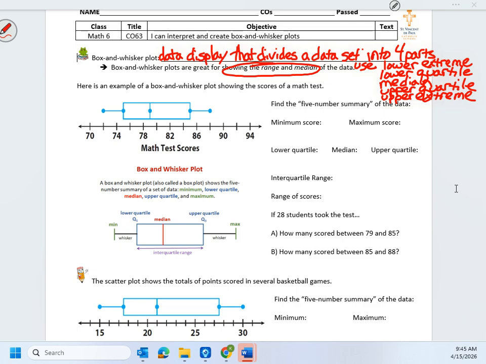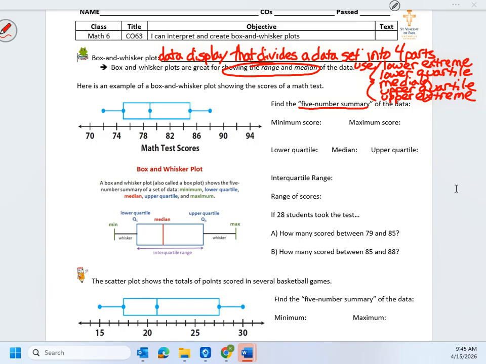So here's an example of a box and whisker plot showing the scores of a math test. We have a 5-number summary. Those are the 5 important vocab words I was talking about. So we're going to look to see what those mean.